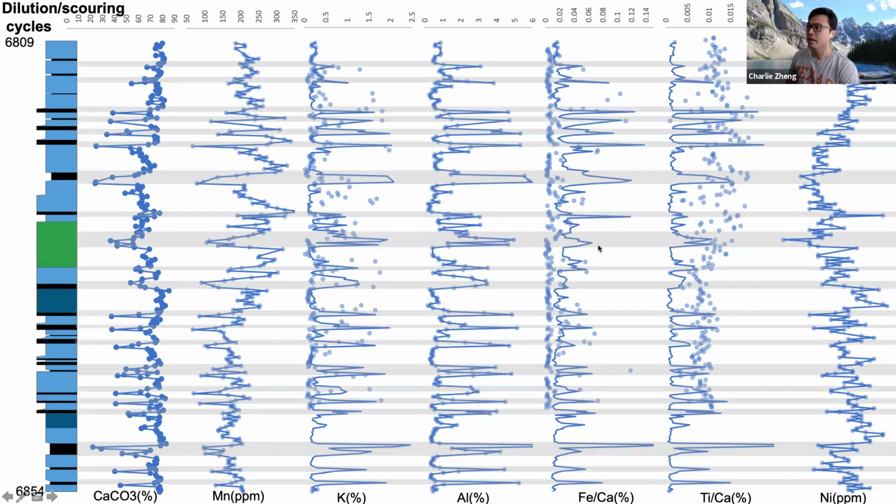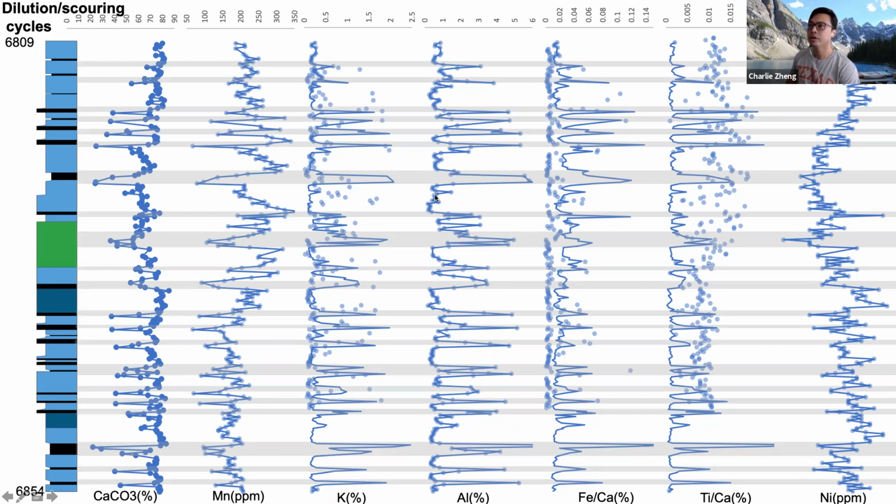These lined up pretty well with all those event beds I interpreted, so these dilution cycles brought in terrestrial sediments that diluted the carbonate content in the system. And interestingly, the micronutrient nickel also dropped down in the event beds. So these nutrients are also being diluted in these event beds.